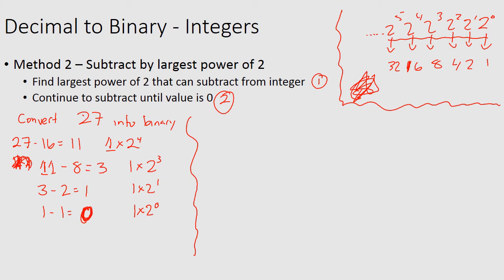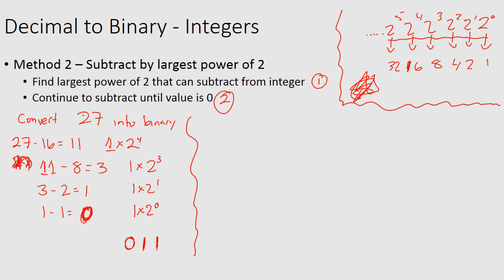So now we can come over here and we can start from the right. We have 1 times 2 to the 0, so I'm going to put a 1 in the 2 to the 0 space. We have 1 times 2 to the 1, so we can put a 1 in the 2 to the 1 place. And we see that there is no 2 to the 2, so that is going to be a 0.